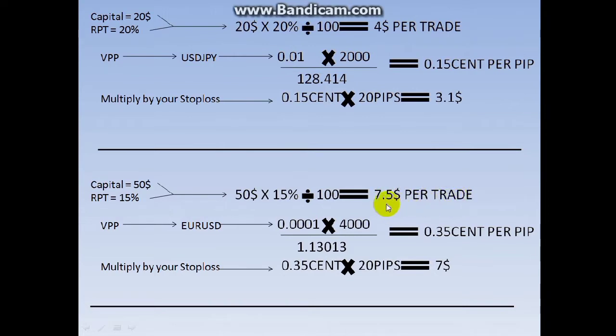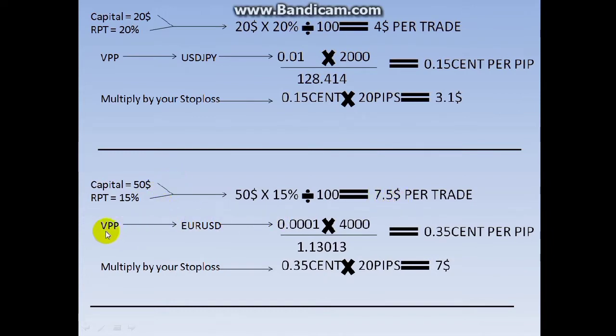Remember, our risk to reward ratio is a minimum of 2. In other words, risking 7.5, we are expecting a minimum return of close to $15, which is 7.5 times 2 of the risk we are putting on each trade.